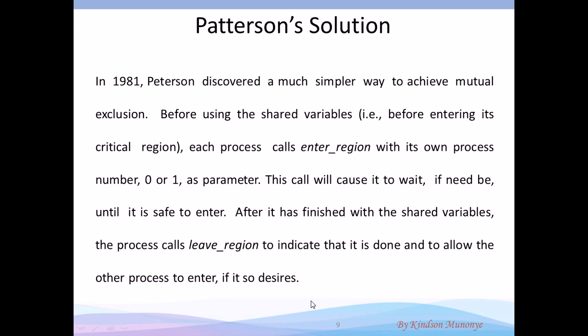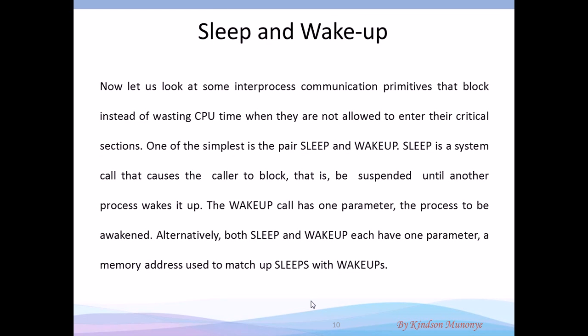So once you call enter region, if another process tries to call it, it finds out that it can't enter its critical section, so it has to wait until the current process completes the task it's performing and leaves the region. So it's implemented using two procedures, enter region and leave region. For simplicity, I'm not going to present the code here.